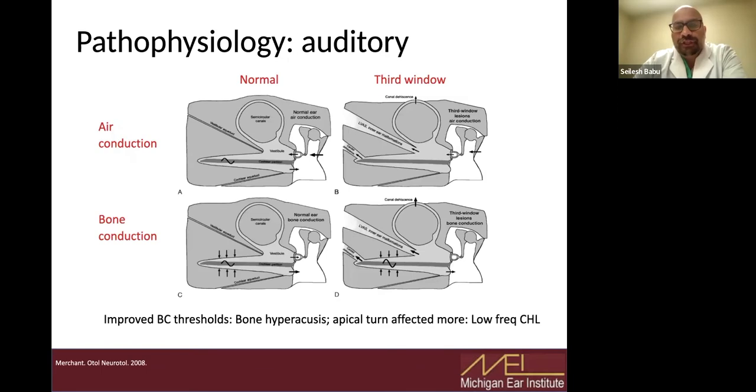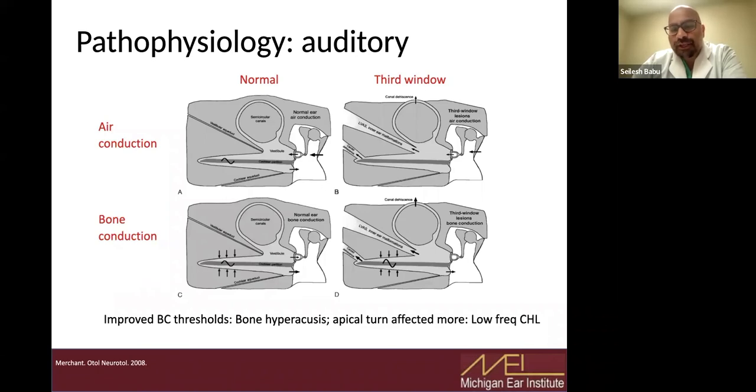The pathophysiology, I won't claim to be an expert on how I think the third window occurs. I do know that since we have this impedance mismatch that occurs, now the third window allows pressure and the sound energy to be released in a different way, and the basilar membrane isn't getting the full amount of pressure movement that it should.